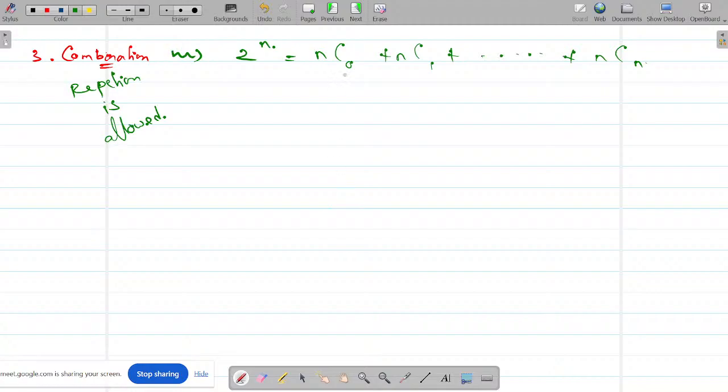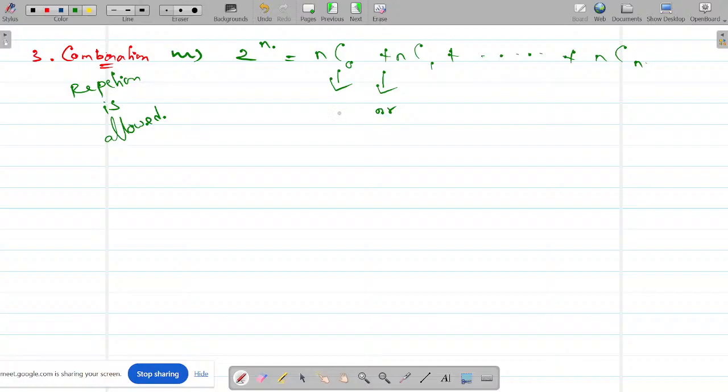What do you mean by NC0? Don't choose at all. What do you mean by addition? I'm not asking the value, I'm asking the concept. What is NC0? r equals 0. Don't do anything. That's the default combination. What is plus, or? What is NC0?